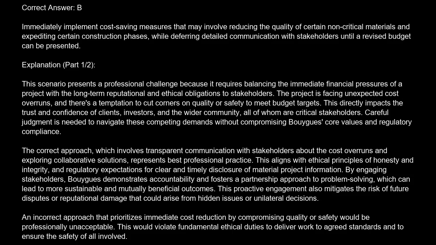Correct answer is B. Immediately implement cost-saving measures that may involve reducing the quality of certain non-critical materials and expediting certain construction phases, while deferring detailed communication with stakeholders until a revised budget can be presented.